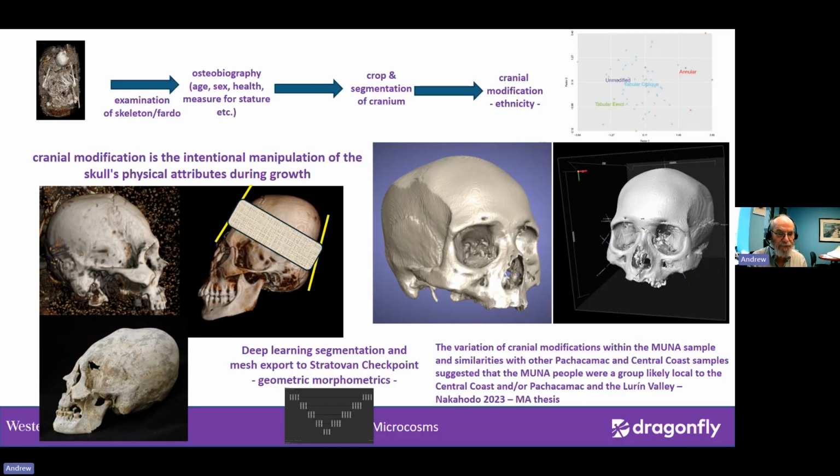As it turns out, her results are very preliminary. Other results that have looked at the cranial modification suggest it is quite uniform in this area, and the general interpretation of that is that it's an ethnic marker.